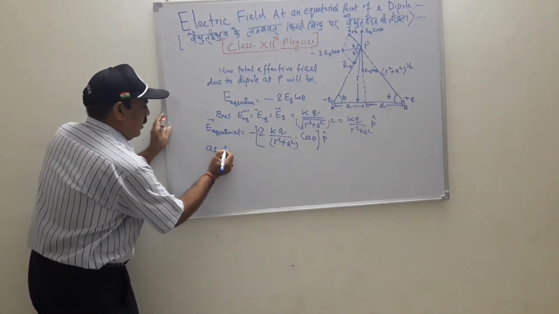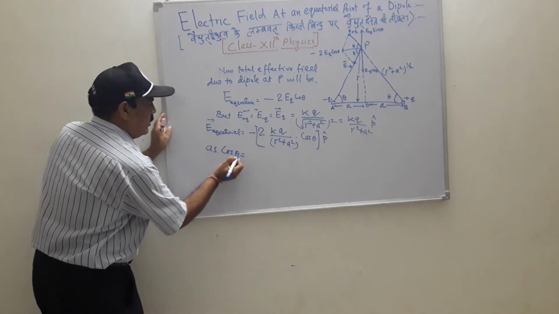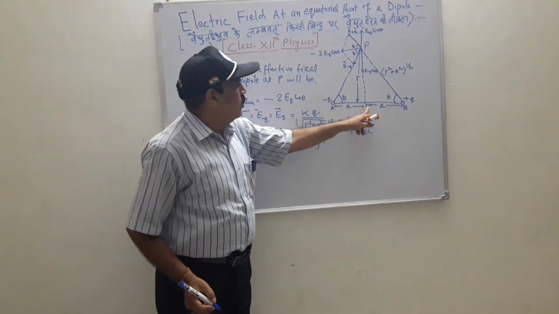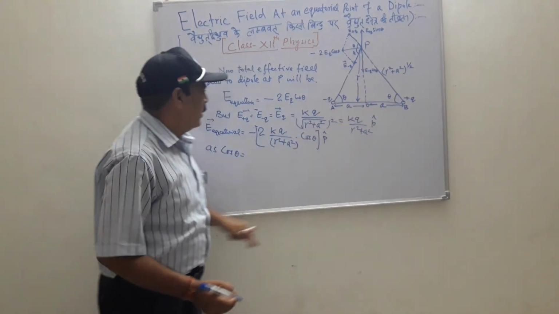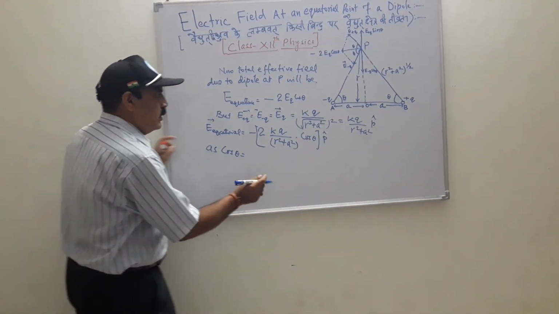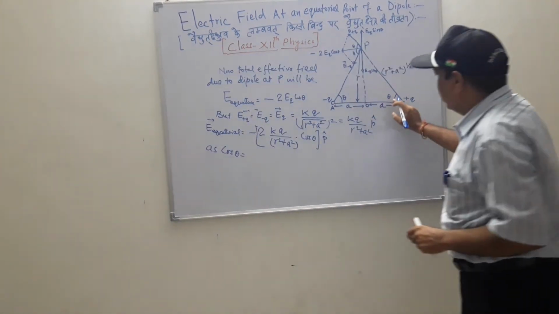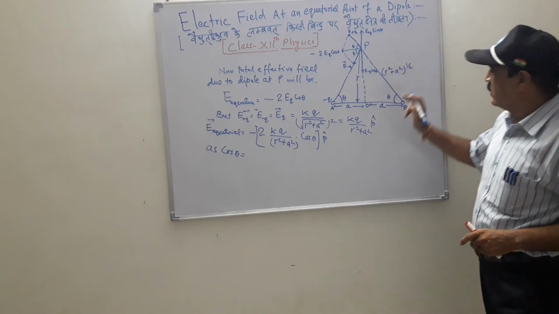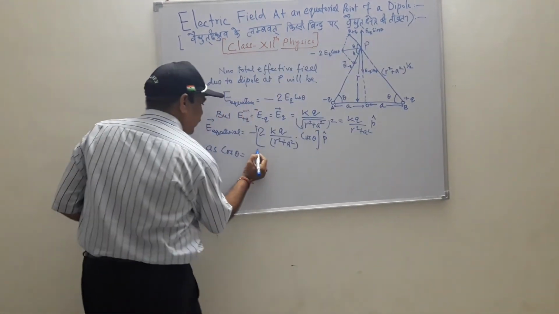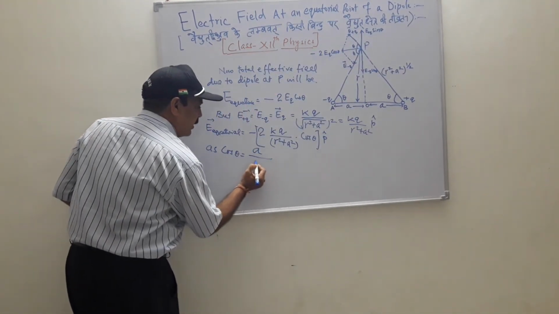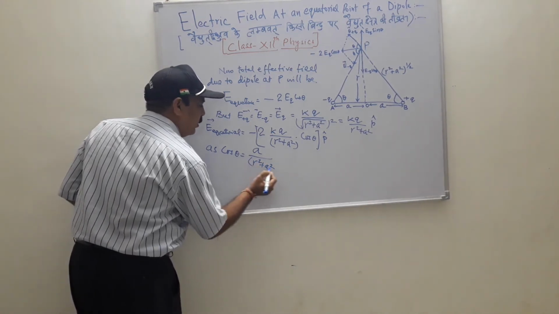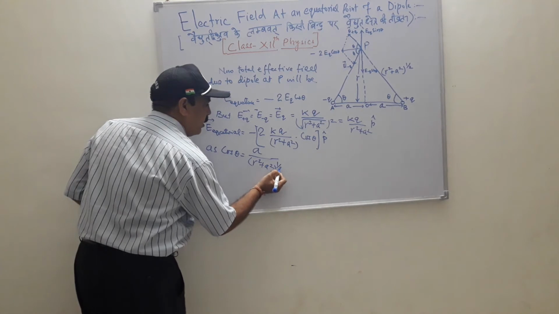As cos theta in triangle OPB is base upon hypotenuse, that is a divided by r square plus a square whole to the power 1 by 2.